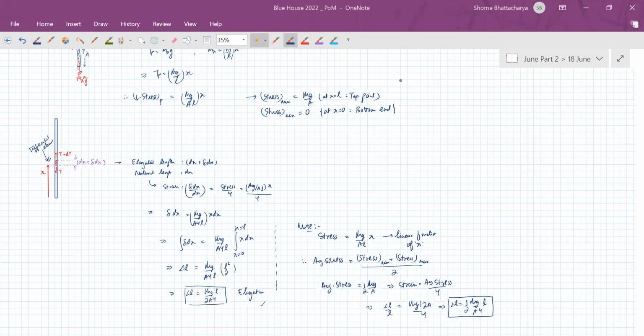No, stress is tension divided by area. But the stress formula is already written above. Stress at a point P is mg upon L into x. That is the stress at any point which is at a distance x. So we need to only put the value of x. Exactly. Done, sir.